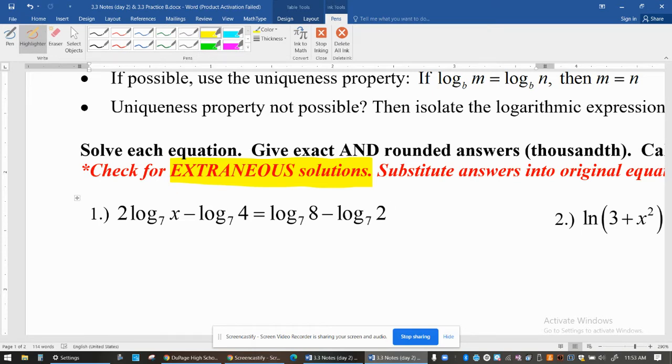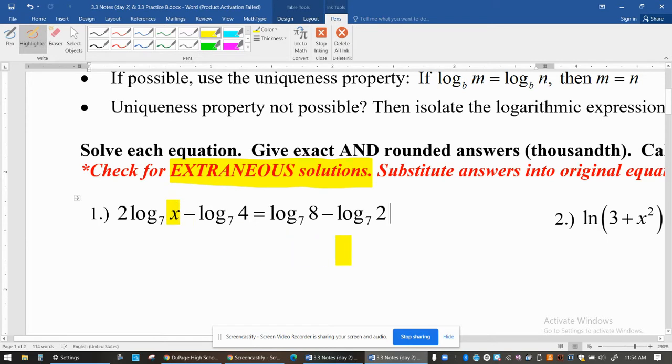Once you find your answers, you substitute them into any of the arguments where the x was. In number 1, we have a couple of arguments: log base 7 of 4, log base 7 of x, log base 7 of 8, but the only one that has a variable is the one in front.